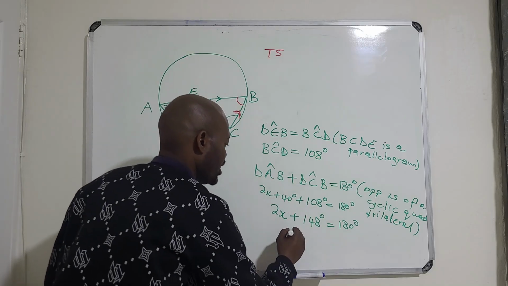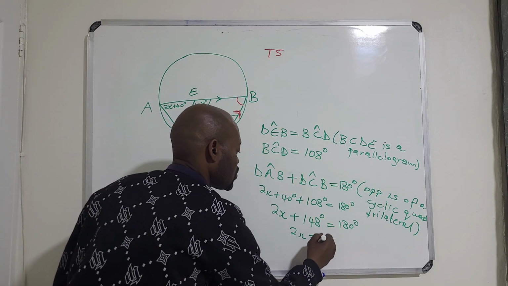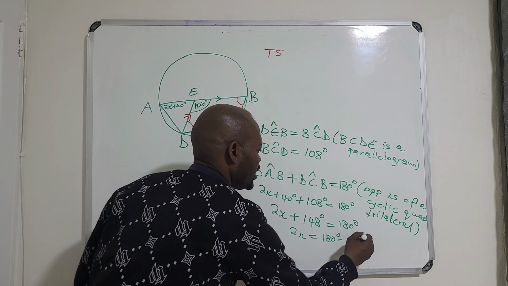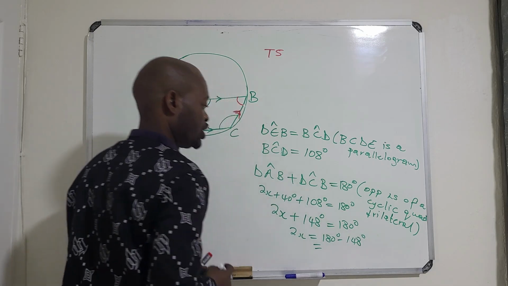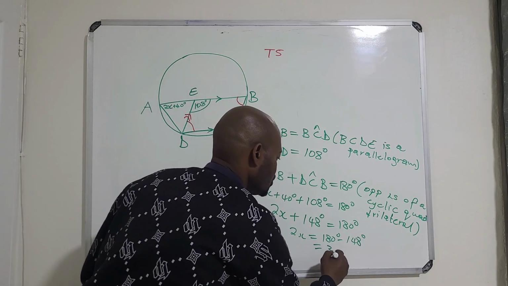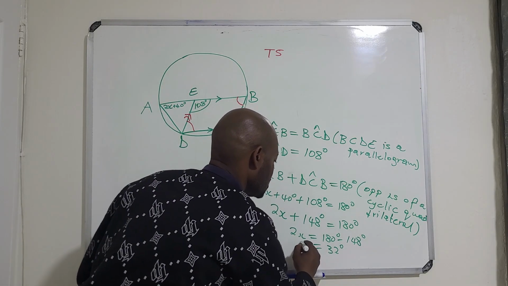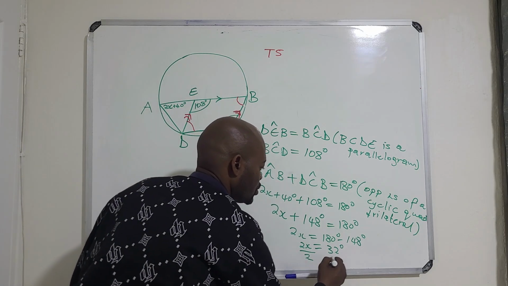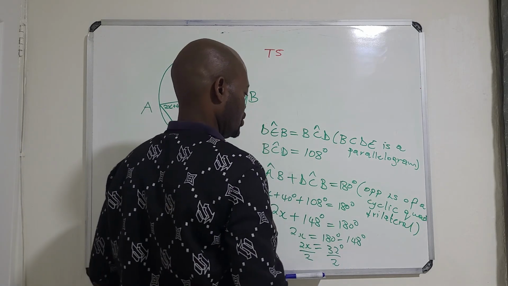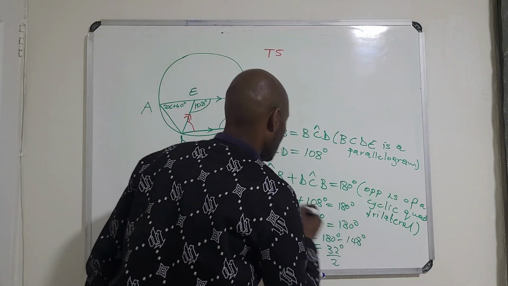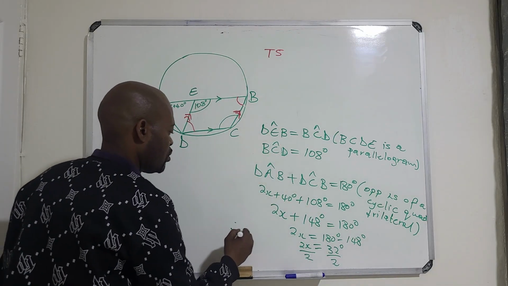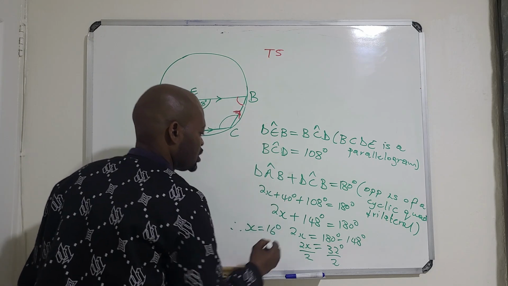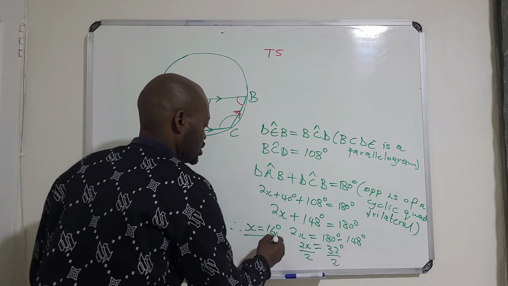Taking this one there, 2x is equal to 180 minus 148, which is equal to 32 degrees. Now we divide by 2, therefore x is equal to 16 degrees.